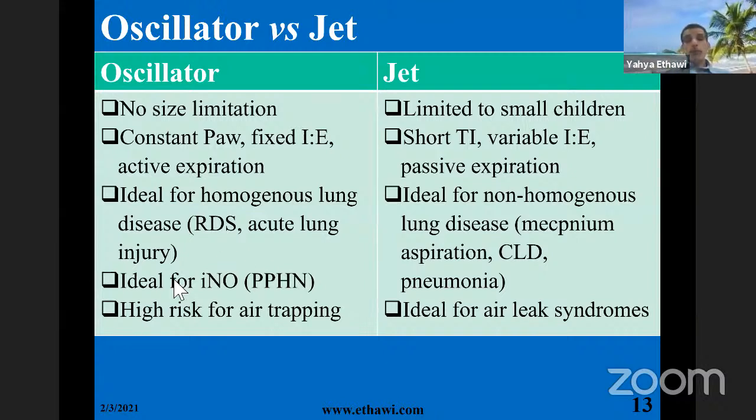The problem with the oscillator is that it can cause airway trapping. The reason is that exhalation is active, and when the ventilator sucks the air out, the first part to collapse is the upper airway, not allowing the distal airway to clear. While in the jet, because exhalation is passive, there will be no air trapping, and it is ideal for air leak diseases.